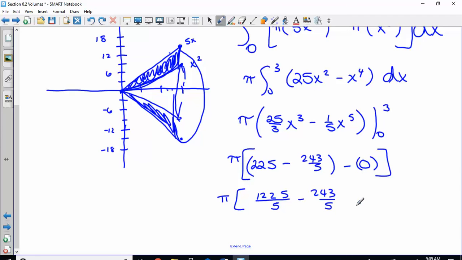Is that right? 1,125. Yeah. Okay, so then we get pi times 882 over 5, so 882 pi over 5.